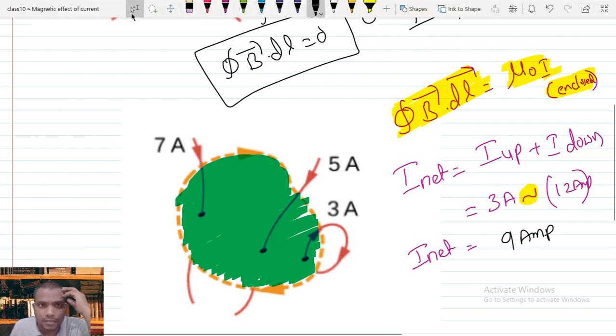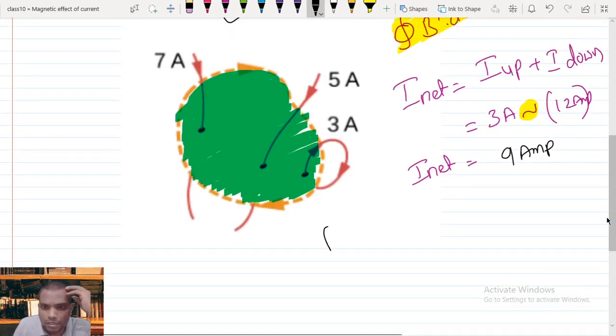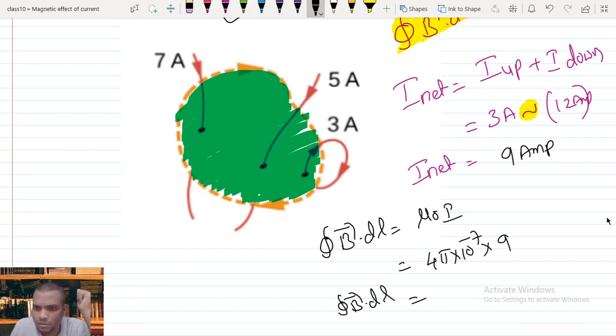Now let's substitute in that formula, the closed integral of B bar dot dl equals mu naught I. Here mu naught is 4 pi times 10 power minus 7, times the current 9 amp. So the closed integral of B bar dot dl equals that, and we can do the rest of the calculation to see how much it comes.